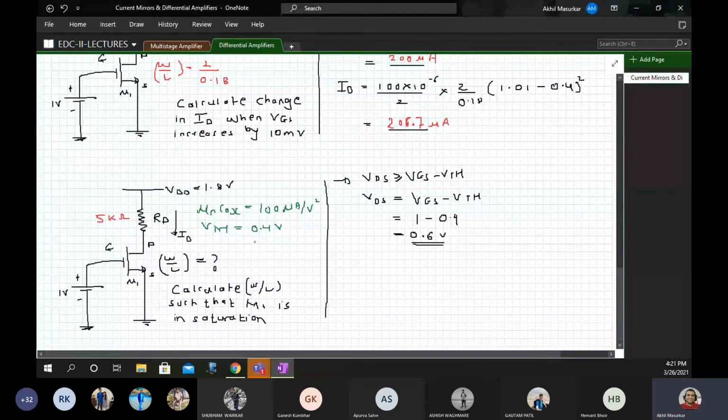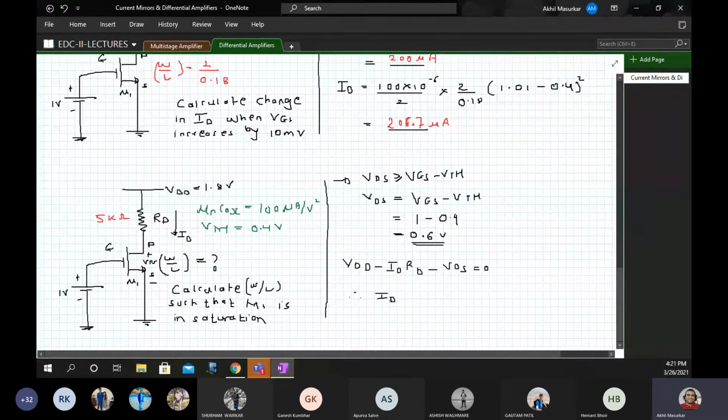Now you can also see that the current flowing through this is ID. So you can apply simple KVL here. We can write VDD minus IDRD minus VDS equal to 0.